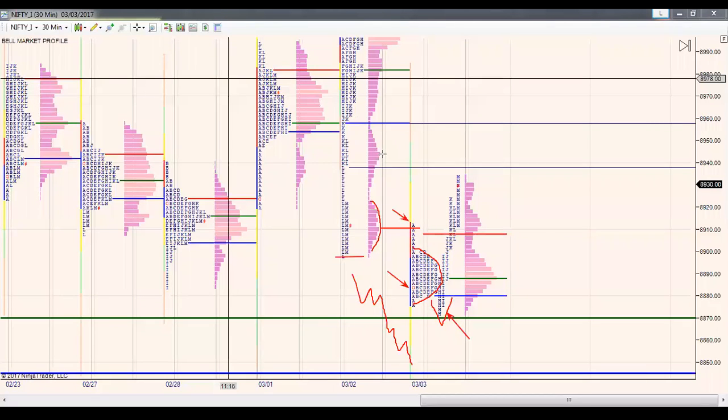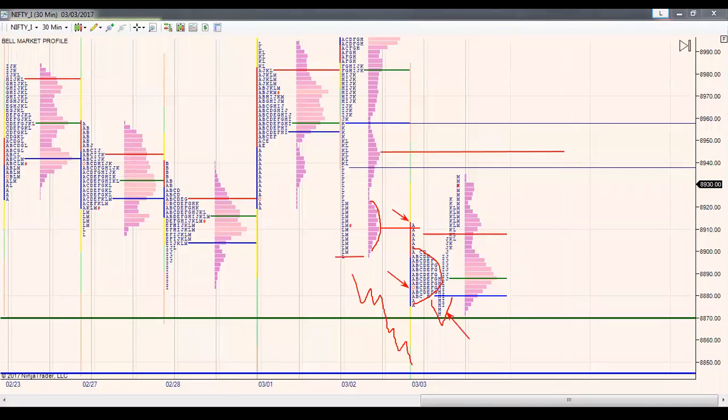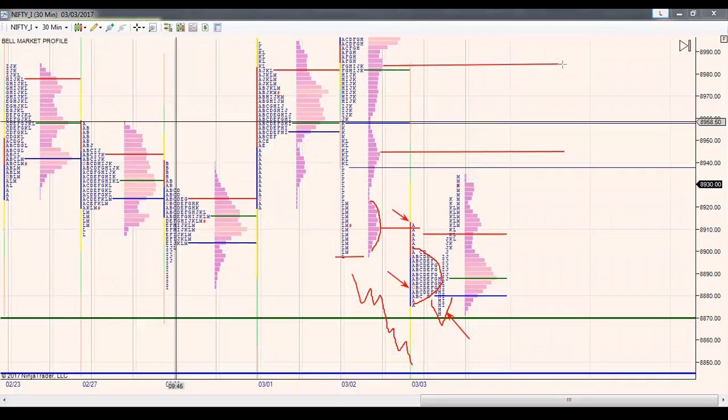So the reference that immediately comes to my mind is this one, and then of course there is this anomaly, which is more evident on the profile chart than the volume graphic, and then there are higher levels, the point of control, the volume point of control higher.